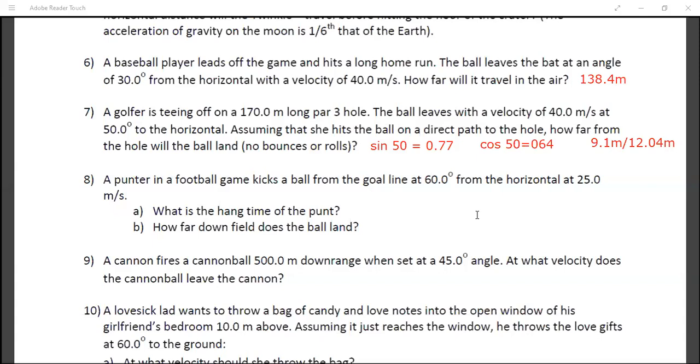How far downfield does the ball land? Okay, so 54.12 and 4.33.